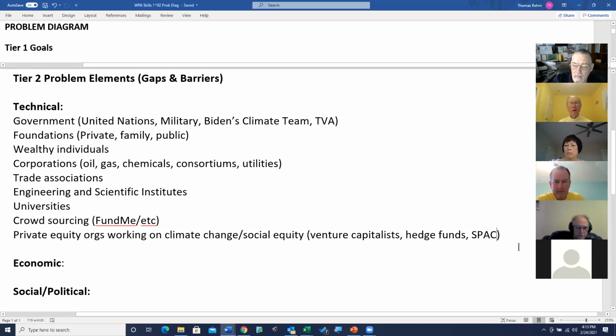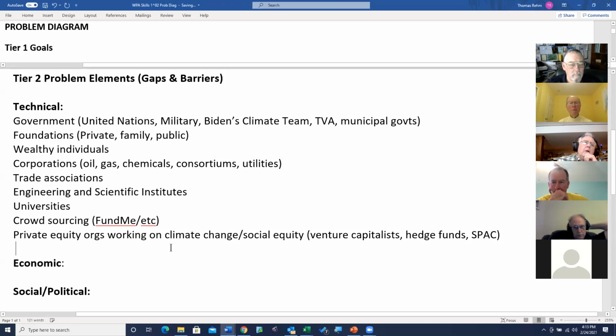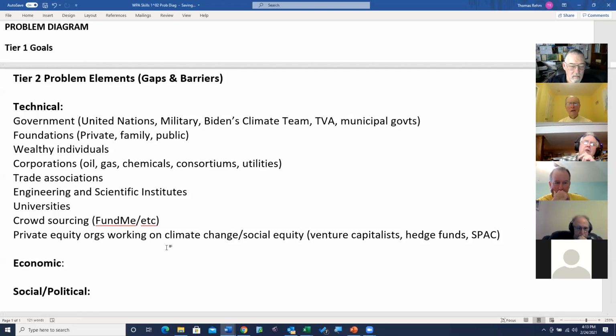Oh, bonds, yeah. That would be under government, probably. Municipal governments. For example, Houston is the 4th largest city, and we have a climate change plan as well. And how about climate change opponents? Find out from them why they oppose it.